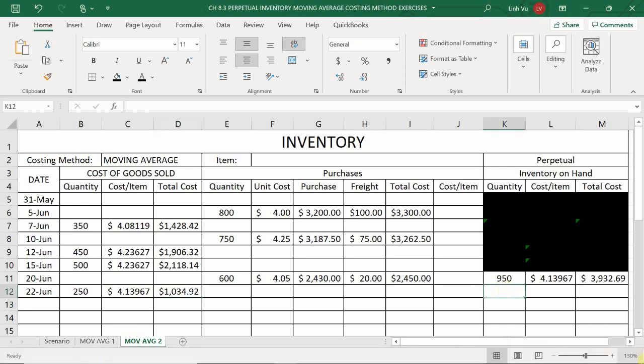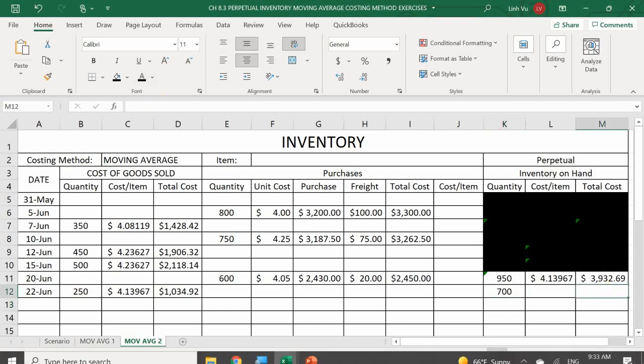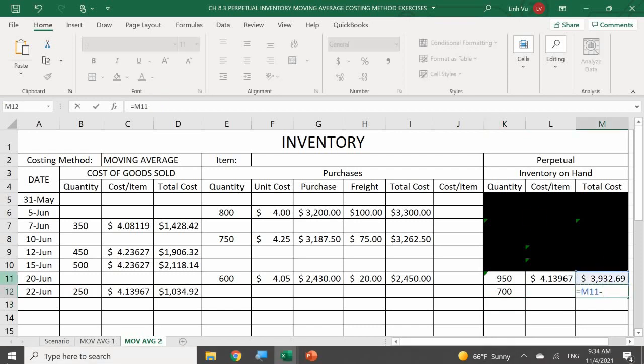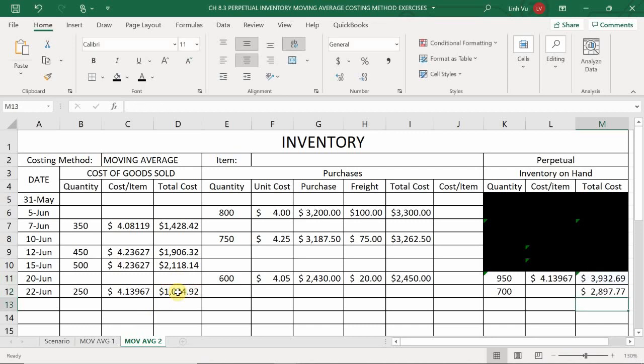So let's go ahead and figure out what my new total quantity is. If I had 350 and I sold 250, I should have 700 units remaining, right? Total cost here to be 2,897.77, which brings my average cost per item to be 4.13967. So this one also stayed the same.